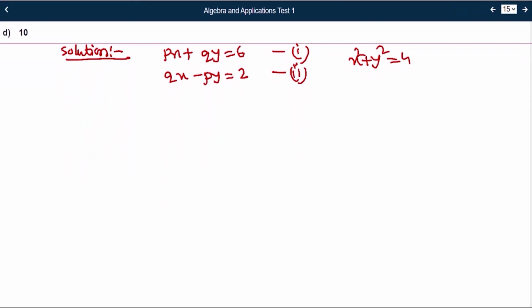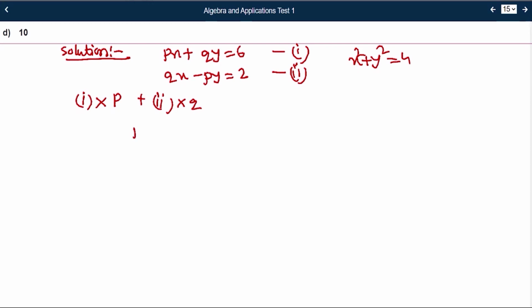Look here, we are given two simultaneous linear equations, correct? Now with the help of the elimination method, I can find the values of x and y from these two. Let's try to do that. Let's multiply equation 1 by p and equation 2 by q, and then add these two.